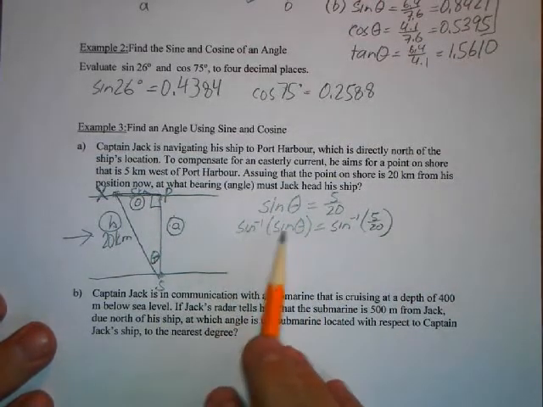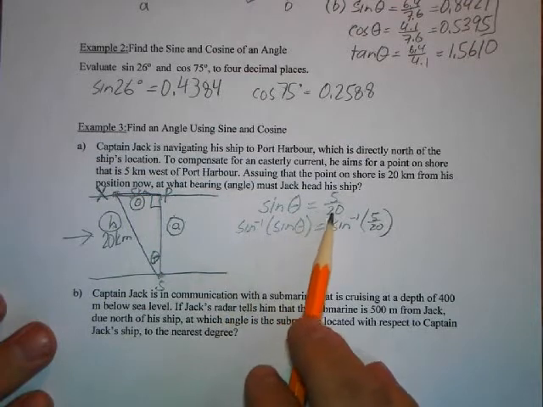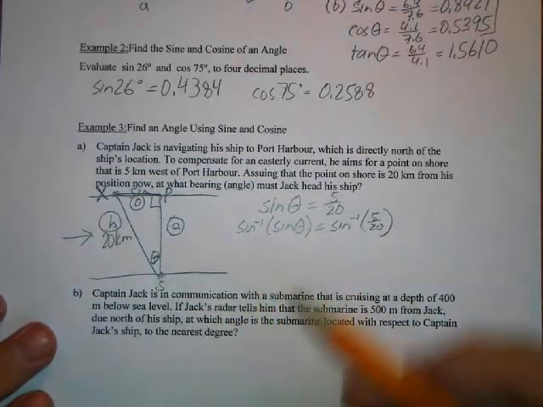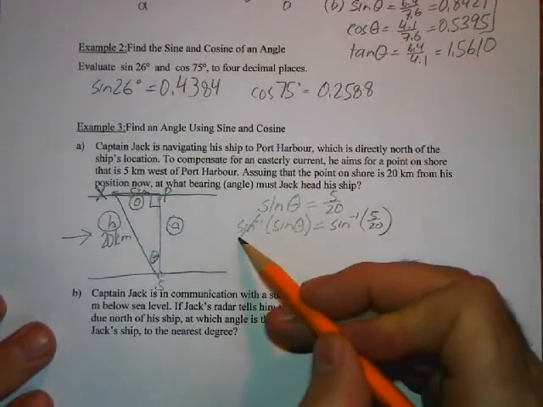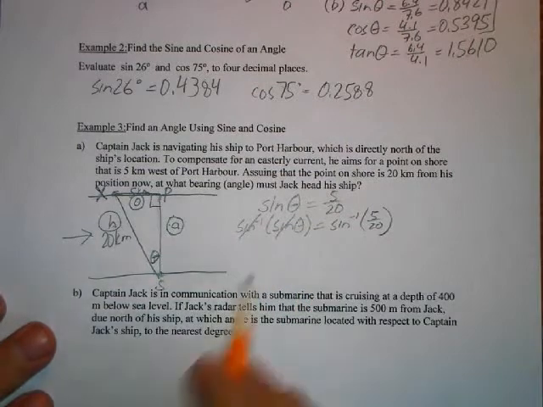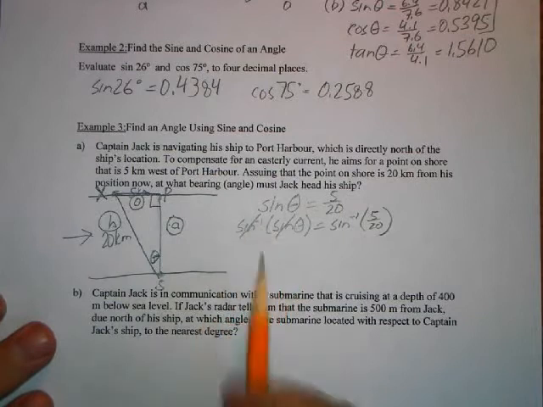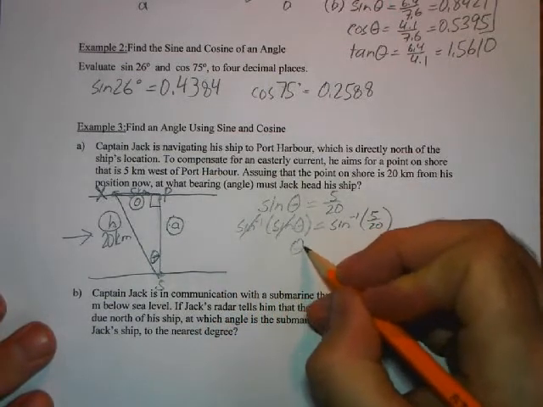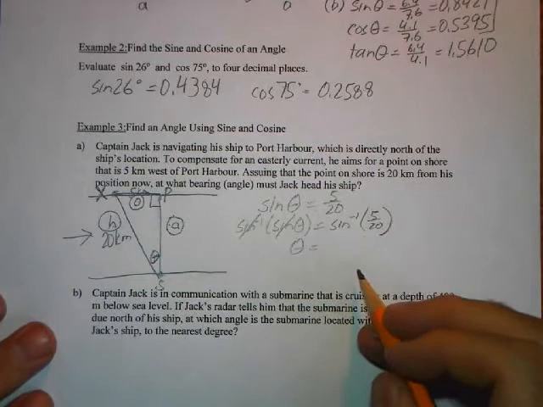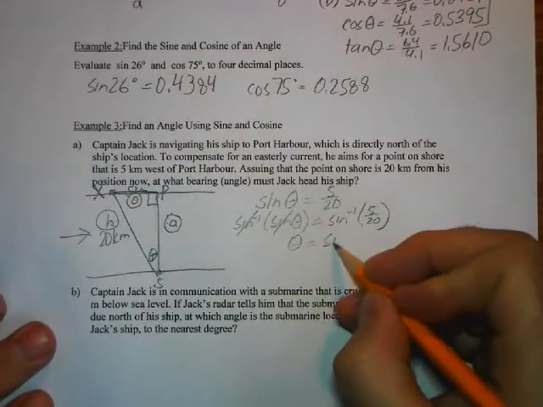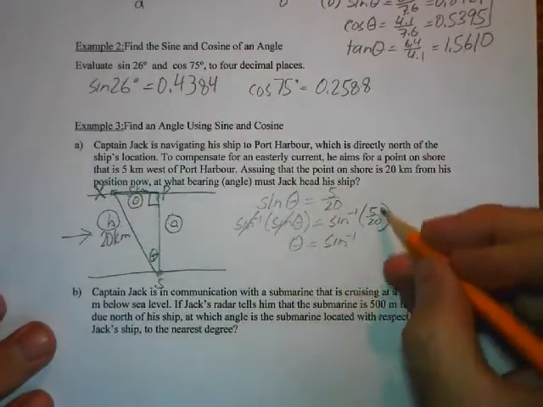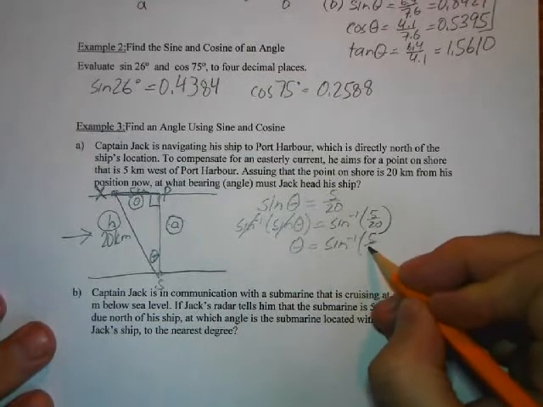So we're taking the sine inverse of the left side is equal to the sine inverse of the right side. Now what happens here is the sine inverse and the sine function, those are inverse functions. They undo each other. So basically all we're left with is theta equals sine inverse of 5 over 20. If you wanted to, you could reduce it, but let's just leave it for now.